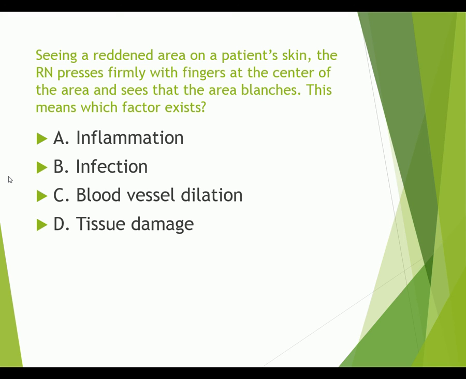It means that the area blanches when it's reddened, so that we have blood vessel dilation. If it didn't blanch and the area stayed red, then we would have tissue damage. But as long as it blanches and the area returns to red, then our tissue's fine.